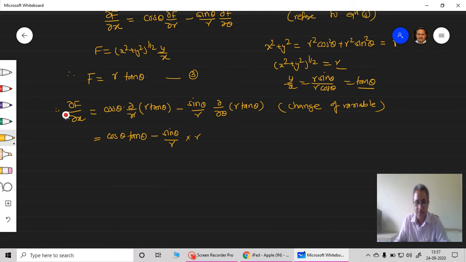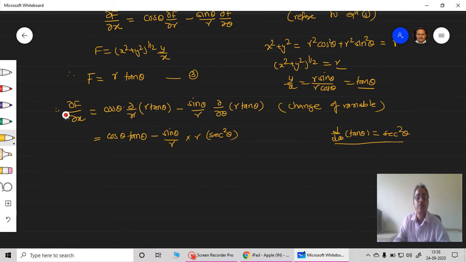I'm sure a lot of you may not know this. It becomes sec square theta: d by d theta of tan theta is equal to sec square theta. This is one standard differentiation; the differentiation of tan theta gives you sec square theta.